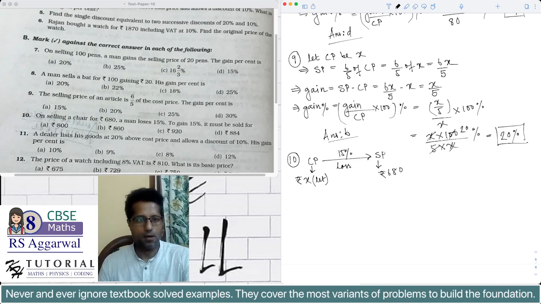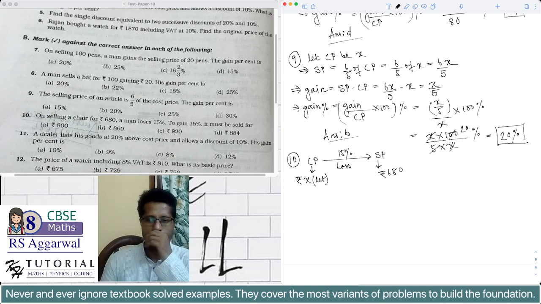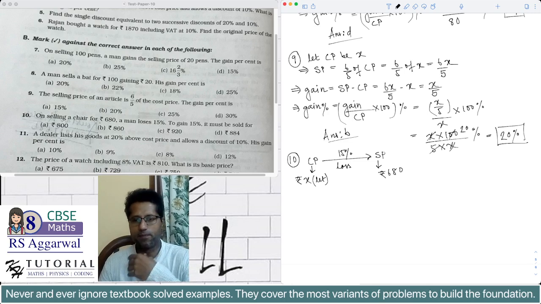So by selling the chair at rupees 680, there is a loss of 15%. Now it is asking to gain 15%, it must be sold for. That is, what must be the selling price so that there is a gain of 15%.